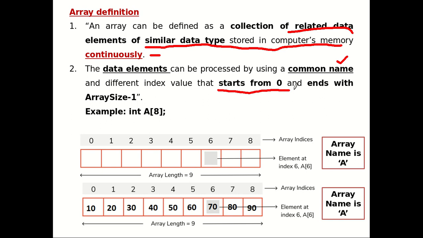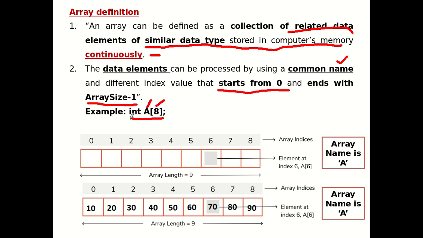An array starts from 0 and ends with array size minus 1. Here an example is taken. This is the name of the array, this is the maximum size of the array, and this is the type of the data we store into the array elements.